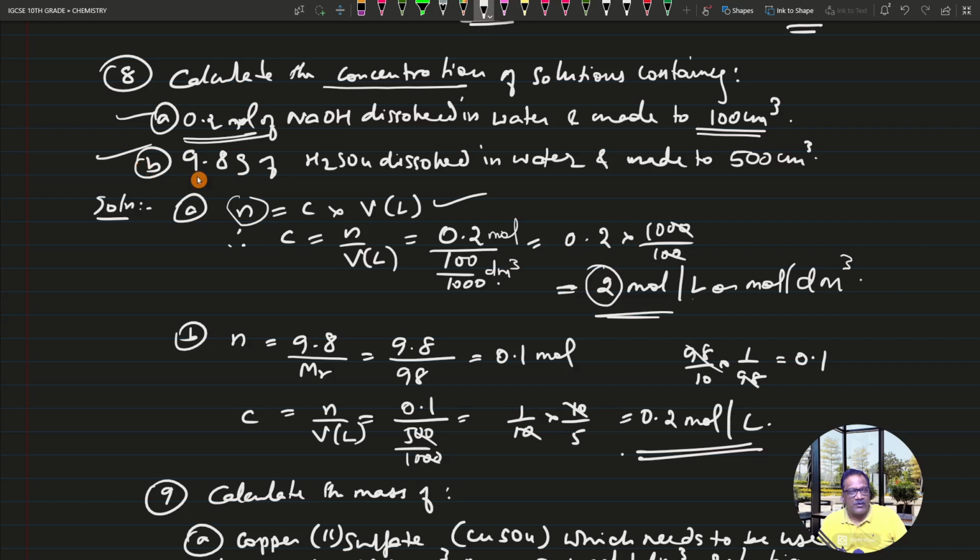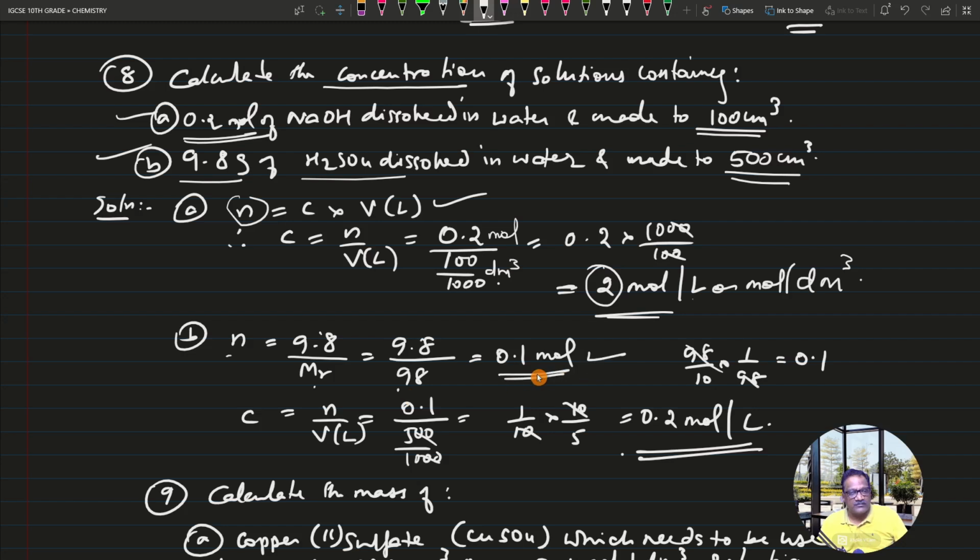This is the B part. 9.8 gram of sulfuric acid dissolved in water to make 500 centimeter cube. From 9.8 gram, we first calculate the number of moles. So n will be equal to 9.8 upon Mr. Mr for sulfuric acid is 98, and 9.8 upon 98 works out to 0.1 mole.